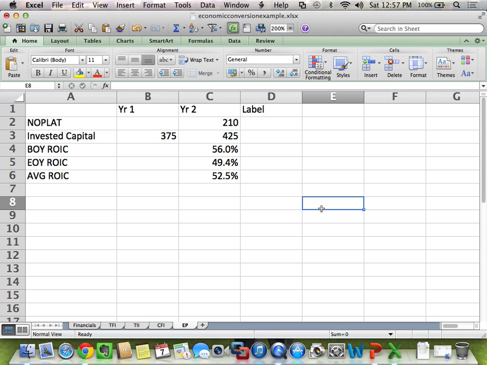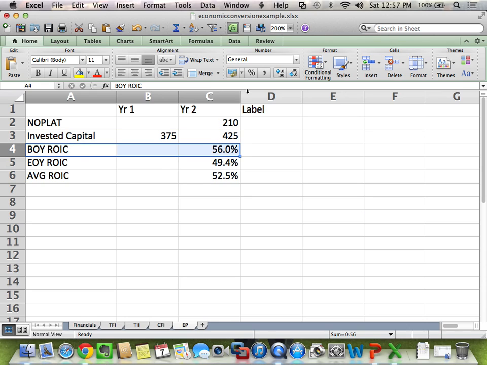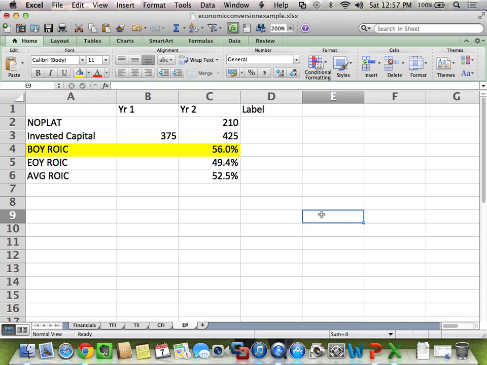For purposes of your homework assignment, this is the one that I'm going to ask for: beginning of year. And the reason I'm going to ask for it is that next week when we do our corporate valuation exercise, if we use beginning of year invested capital, we get an exact valuation match between the DCF and the economic profit valuation.